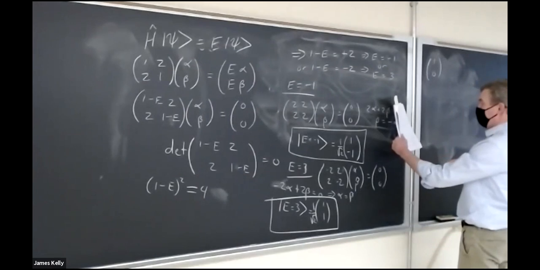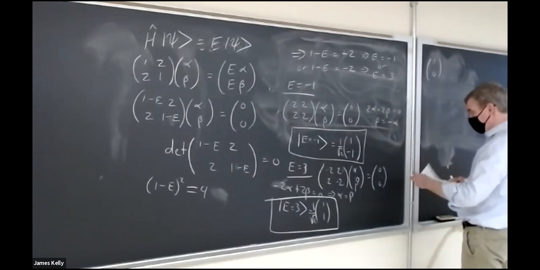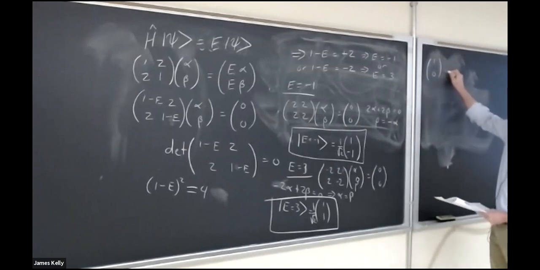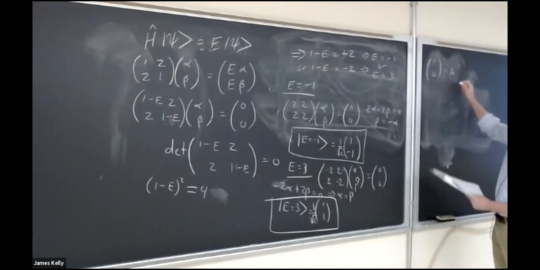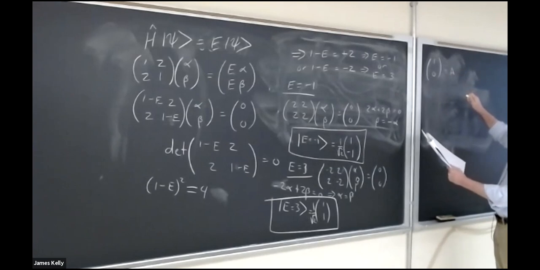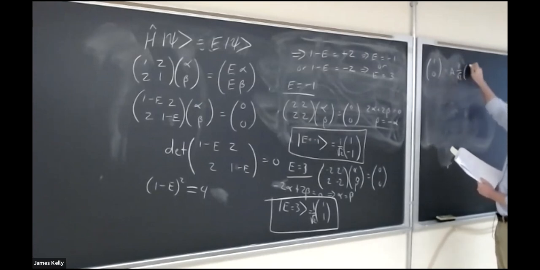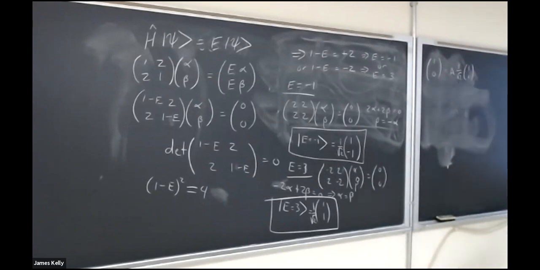How did I write it in the notes? That must be on the next page. I wrote the constants as A and B. So I want to write this as some constant times 1 over root 2, 1, 1, plus some other constant times 1 over root 2, 1, minus 1.